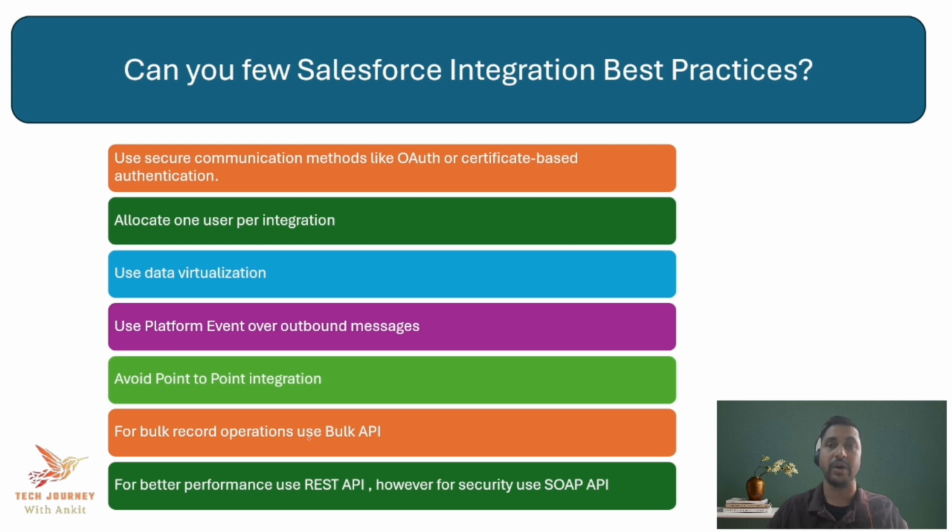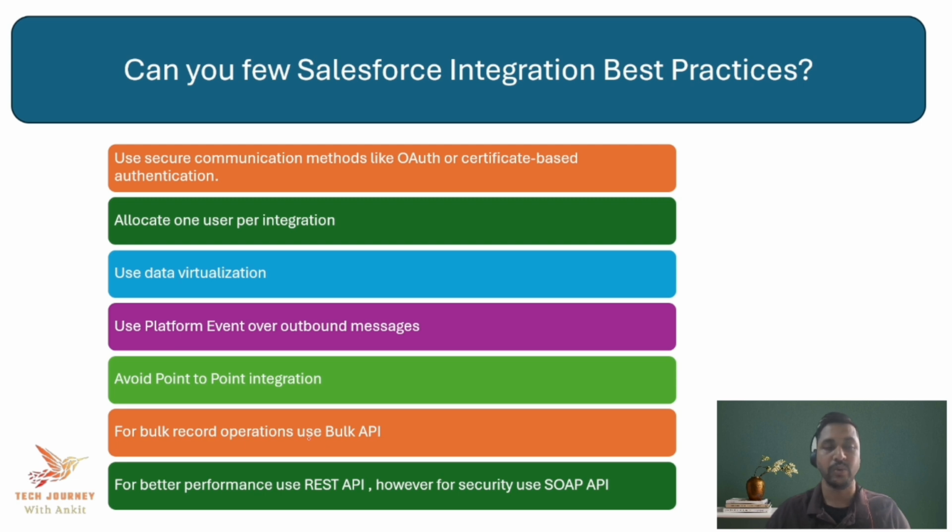And in case your org is using an ESB, then with the help of the ESB you can always convert the JSON into XML, right? So you can use platform events whenever possible to send the notification, unless and until you have a hardcore requirement and you don't have an ESB, and then you have to go for outbound messages.